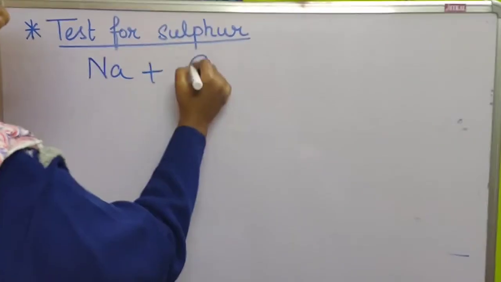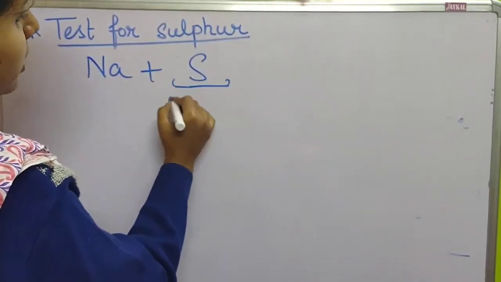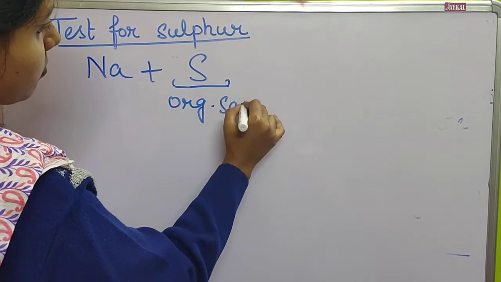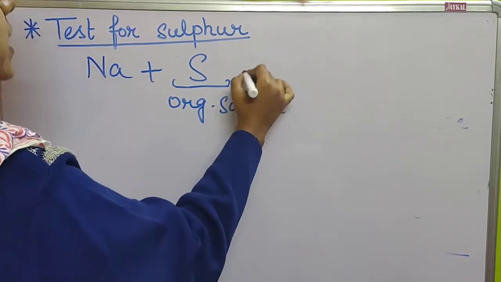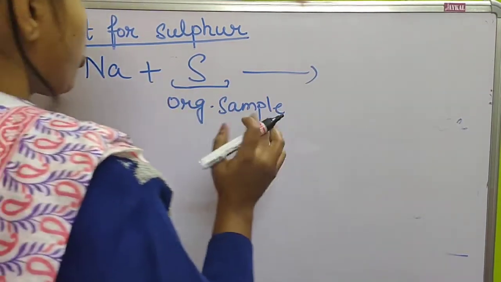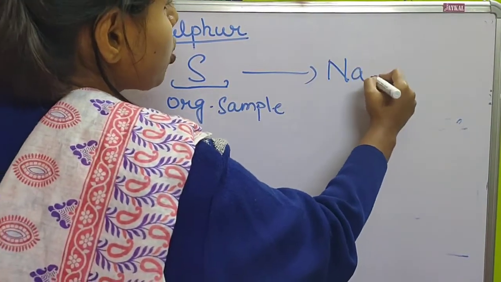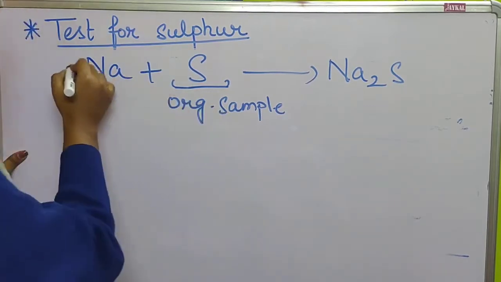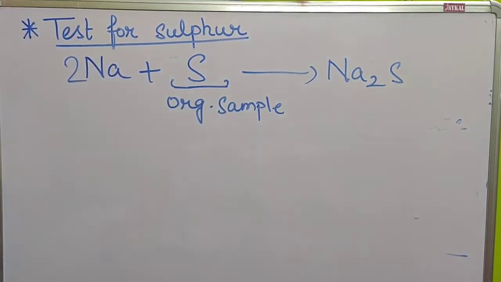whenever sulfur is present in the organic sample and it is heated or undergoes the Lassaigne test with sodium, it will form sodium sulfide, Na2S. It forms sodium sulfide because only sulfur is present.